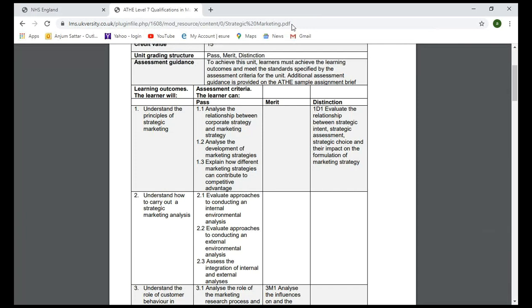Buying power, power of suppliers, rivalry between competition. Yes, great. The last 2 I can't remember off the top of my head. No problem. One was the threat of substitutes. Yes, that's it.